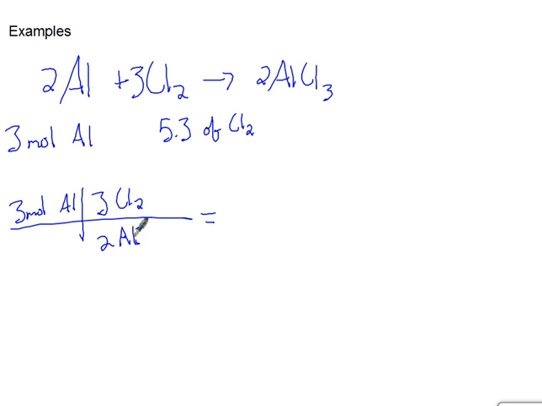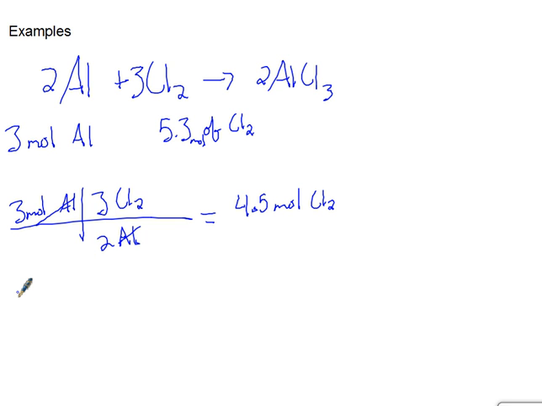Your moles of aluminum will cancel out, and you'll find that you need 4.5 moles of chlorine to react with 3 moles of aluminum. Right there, we already know that we have more than 4.5 moles of chlorine, and the problem stated that we have 5.3 moles of chlorine. So I'm going to guess that aluminum is actually our limiting reagent, but let's check to make sure.